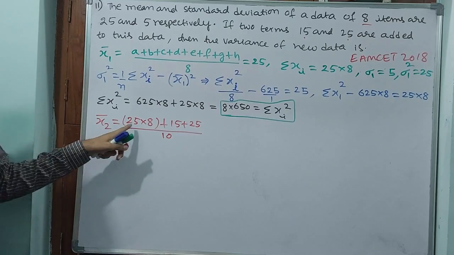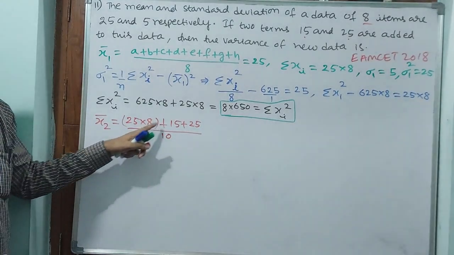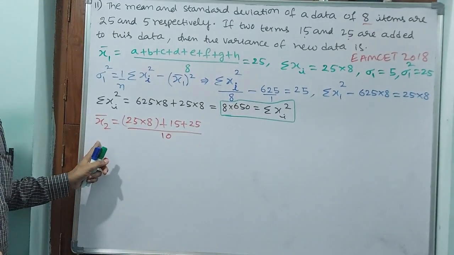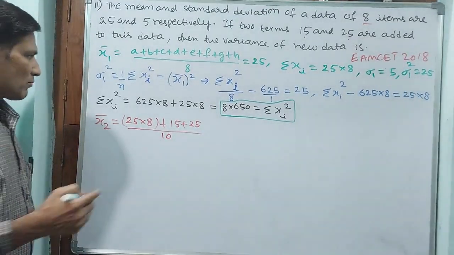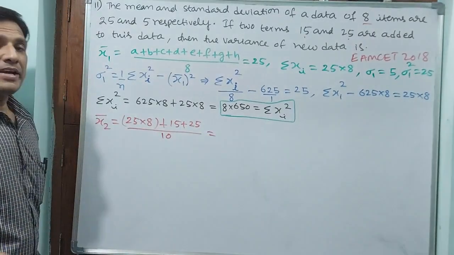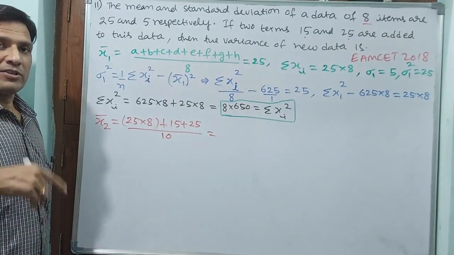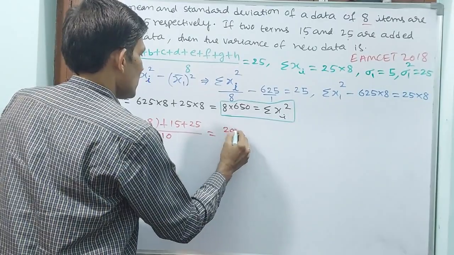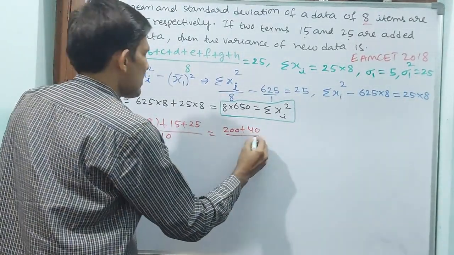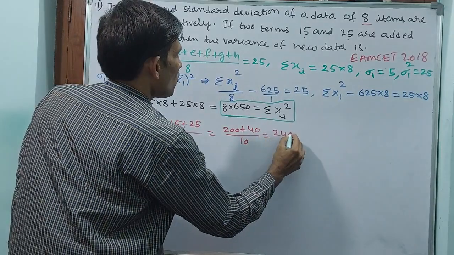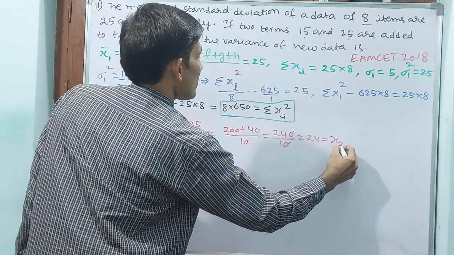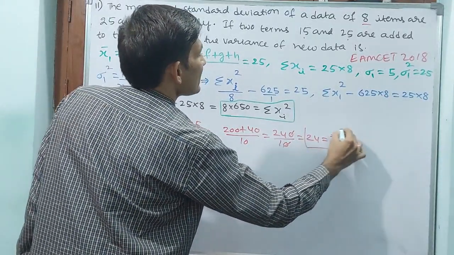Okay, earlier only 8 was there, but now plus 2, 10 total. Okay, this have they given? Not given. But we can find. Why? Because see, data only here. 25 into 8 is 200. 200 plus 40. 25 plus 15 is 40. Divided by 10. That is equal to 240 by 10. That is equal to 24. This 24 is your x2 bar. This you box it now.